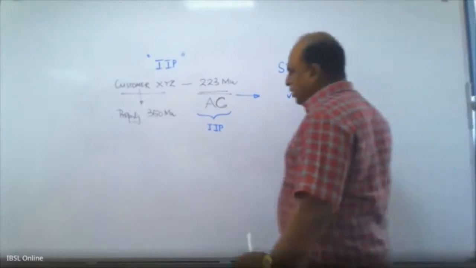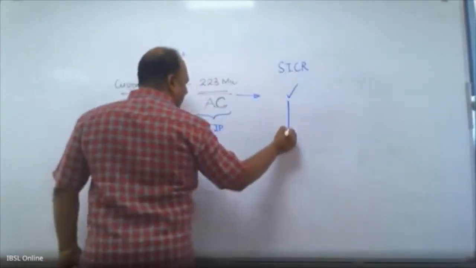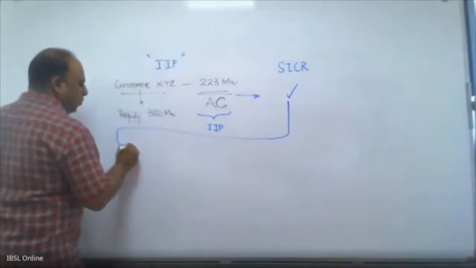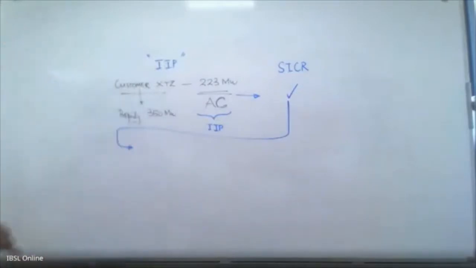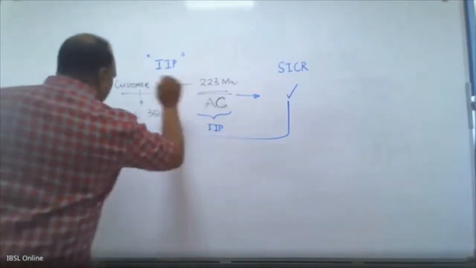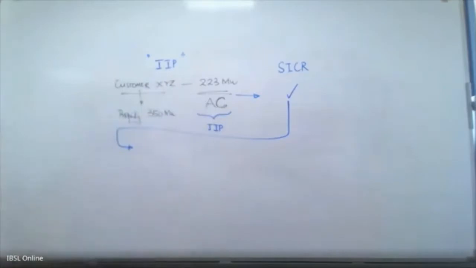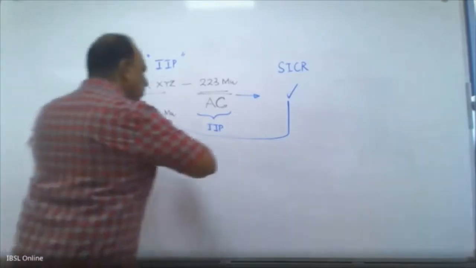I need to check whether, with all these problems, this customer is still capable of paying the loan, paying the monthly installment. This is a judgment of the credit officer. If you still think that yes, this customer will still pay me the loan installment as agreed, no problem, then you can straight away move this loan to collective impairment.